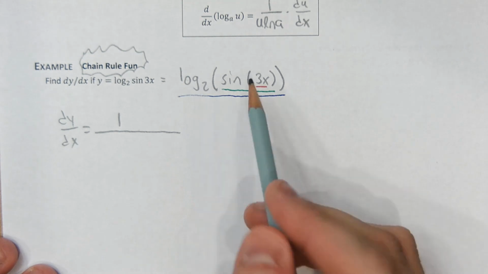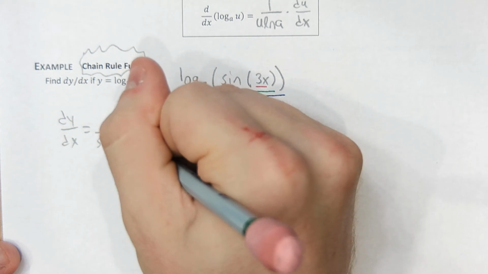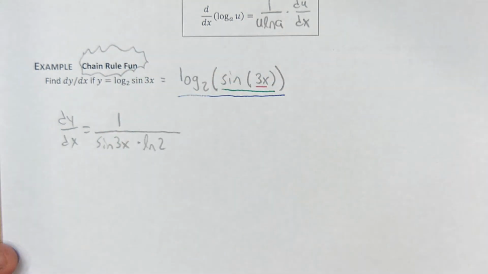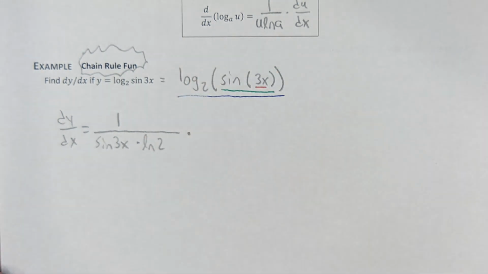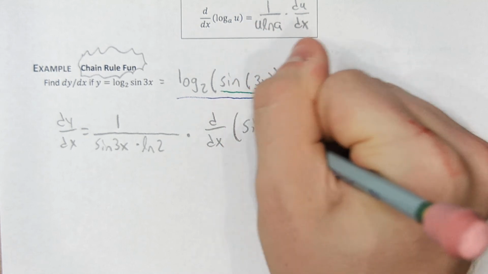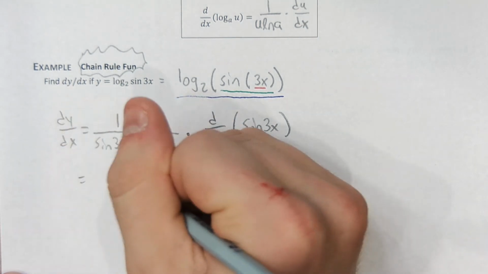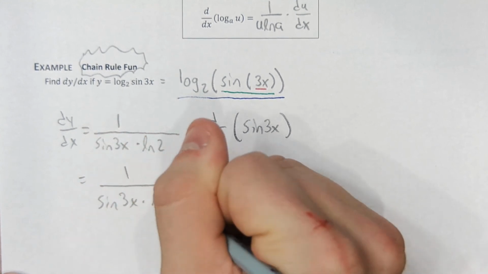Well, the argument of this logarithm is sine of 3x, times the ln of the base, which was 2, times the derivative of the argument. Derivative of the green thing. The green thing is the argument. We go, okay, well, nothing going on but the rent right here, so sine 3x times the ln of 2.